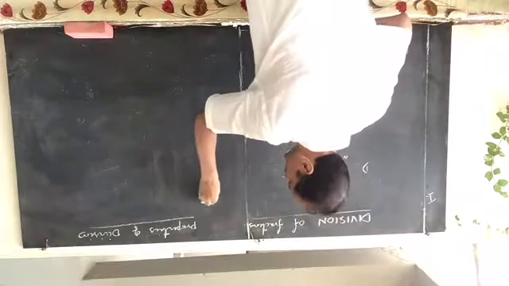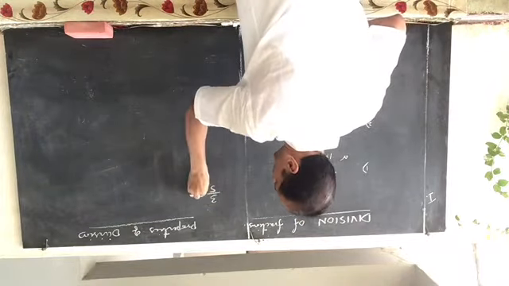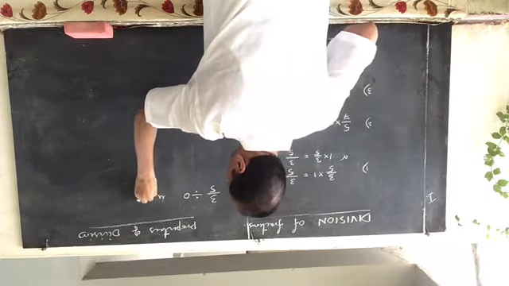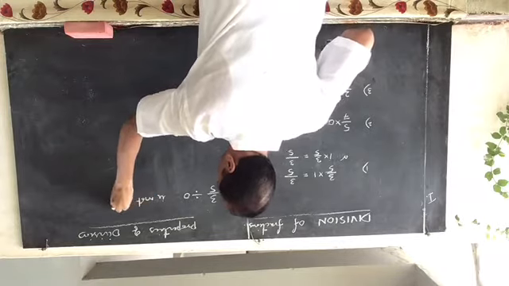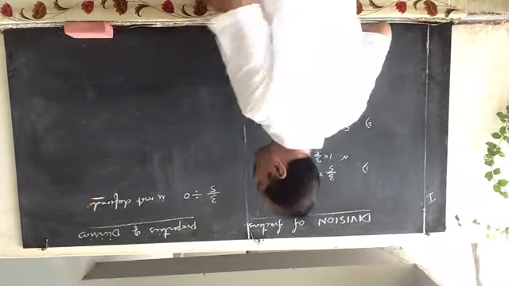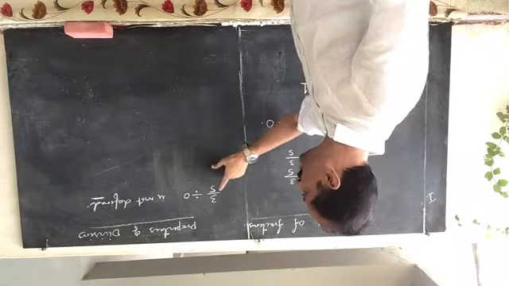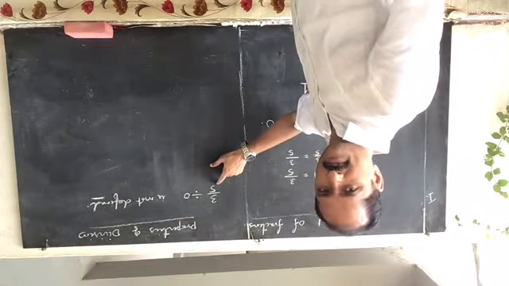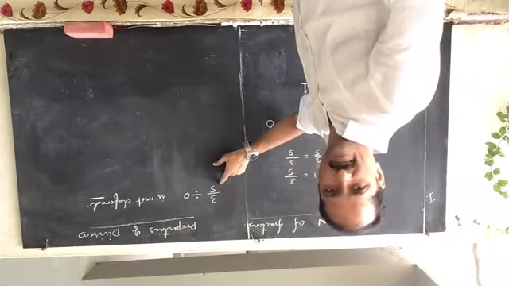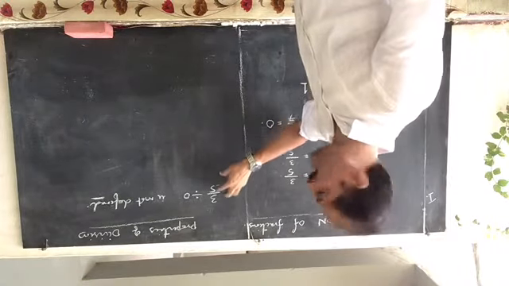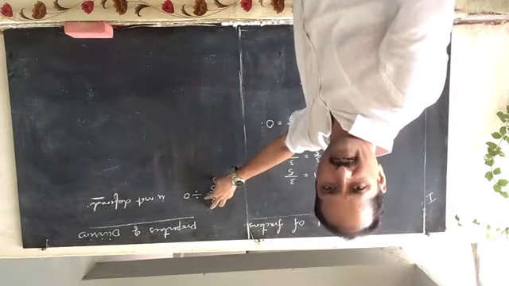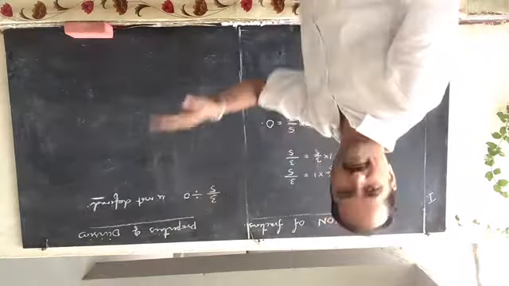That means 3/5 divided by 0 is not defined. Okay, understand? Not only a fraction, it may be a whole number or a decimal. Division of anything by 0 is not defined.